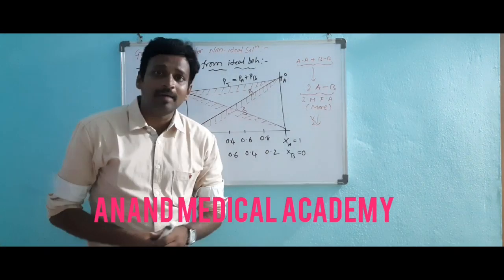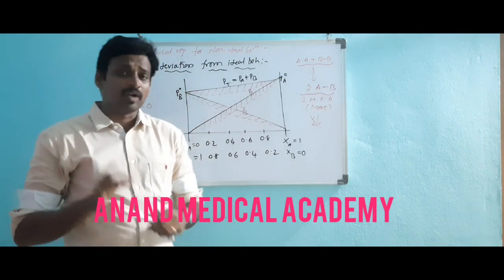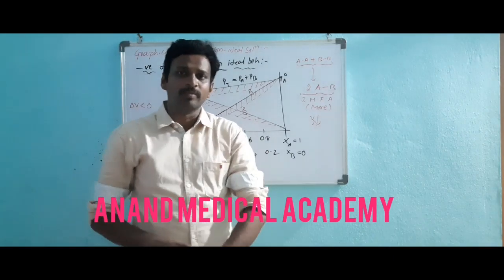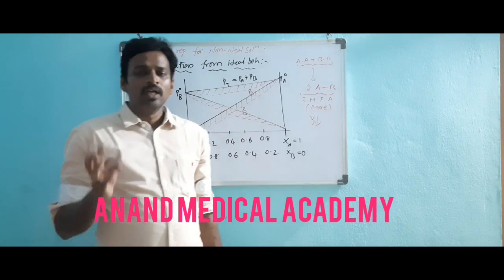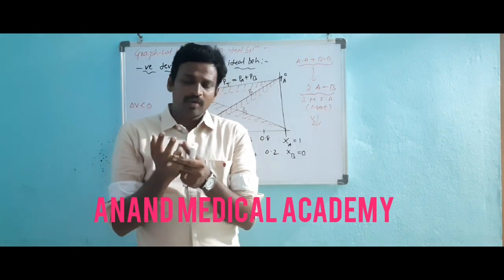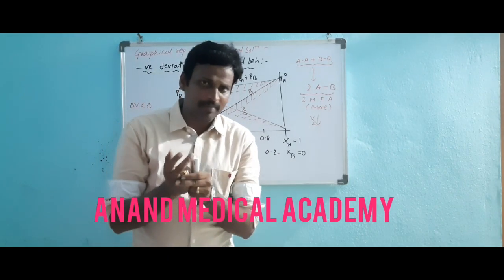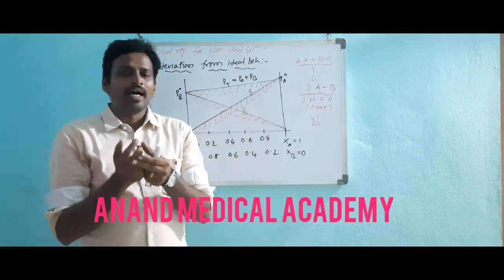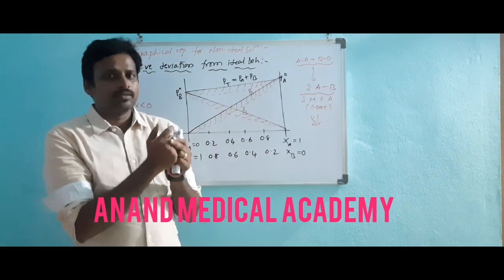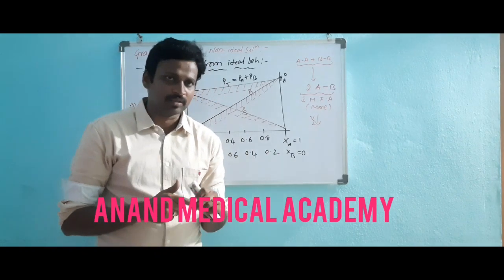So this is about Raoult's law. A few things we discussed, like Raoult's law: when a non-volatile solute is present, partial pressure or vapor pressure is directly proportional to mole fraction.